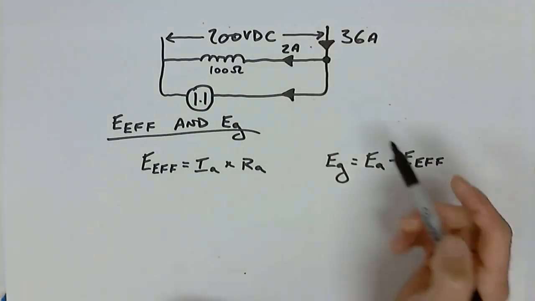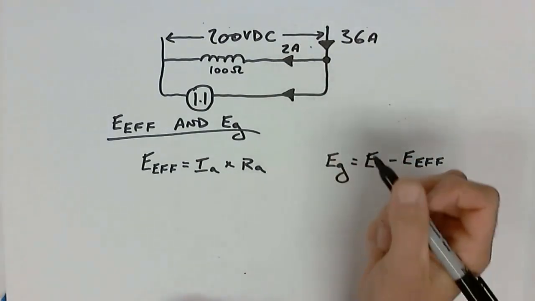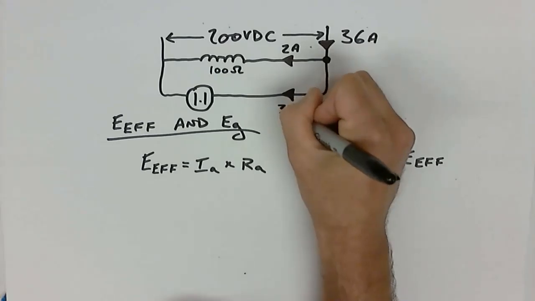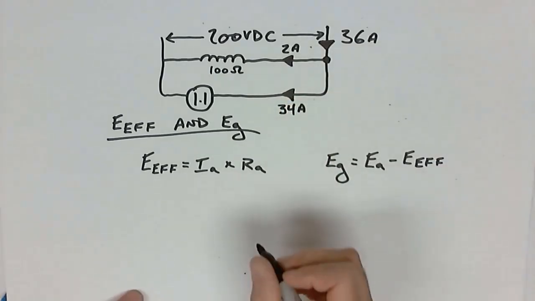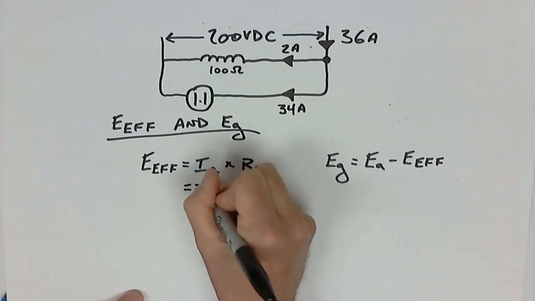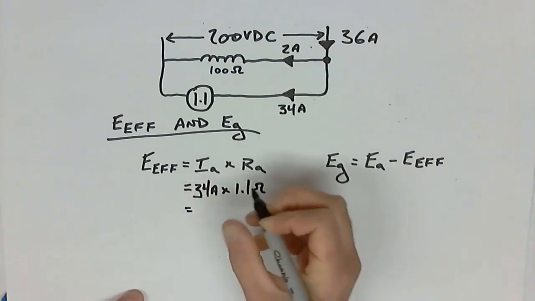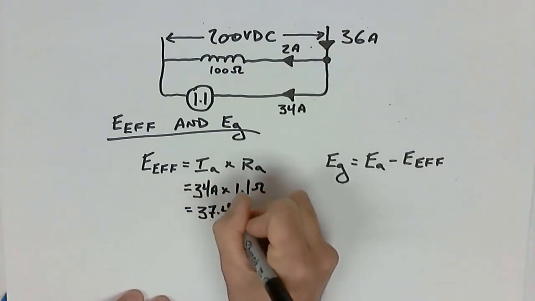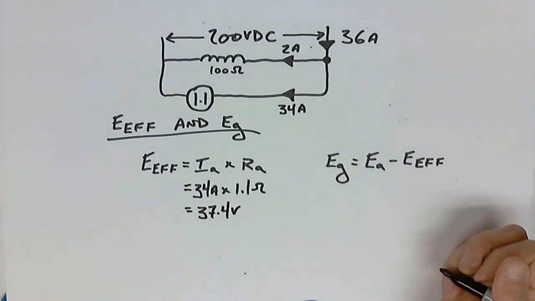So we look at the junction, 36 enters, 2 leaves, which means another 34, or the remaining current, continues on through the armature. So now we have enough information. 34 amps times 1.1 ohms gives me a value of 37.4 volts. That's the effective value of voltage.